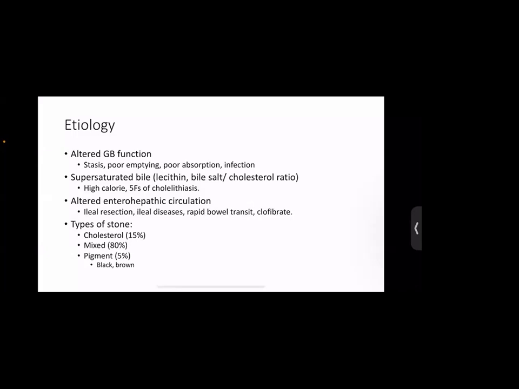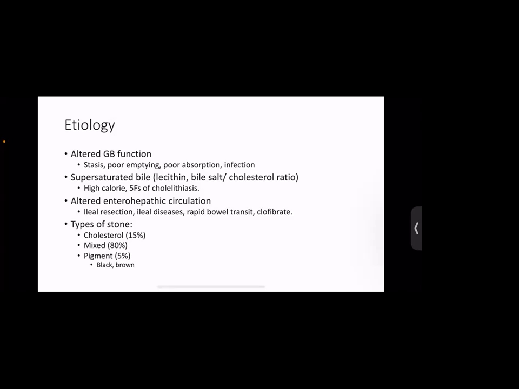That means a reduction in lecithin and bile salts, or an increase in cholesterol level when the lecithin and bile salts are in stable concentration. It will lead to precipitation of these cholesterol stones, and the formation of stones begins. Now, it has been found that people with high calorie values, and there's something they call the 5 Fs of cholecystitis.